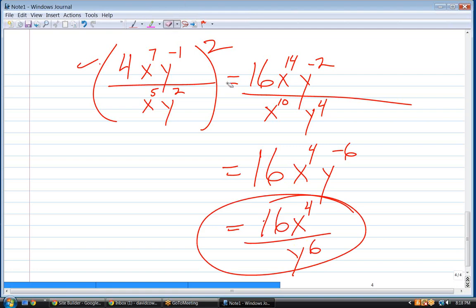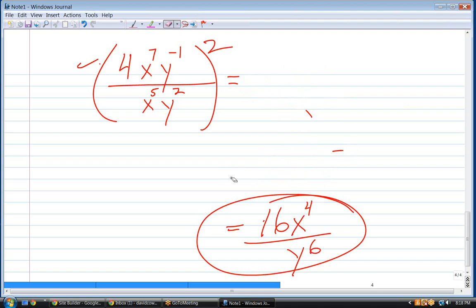Now let's go back and do it a different way. I'll leave that answer there. Let's reduce inside before we square anything.